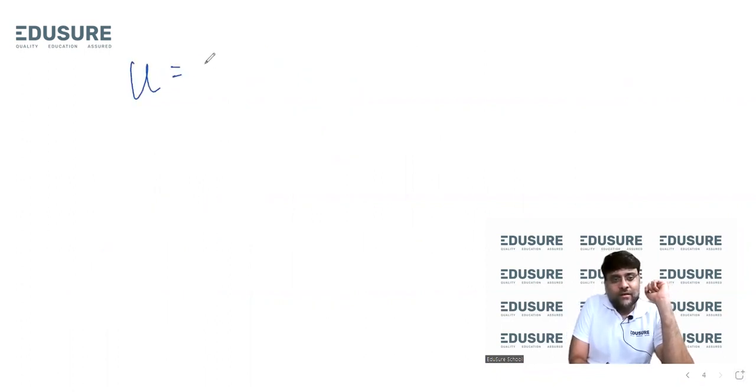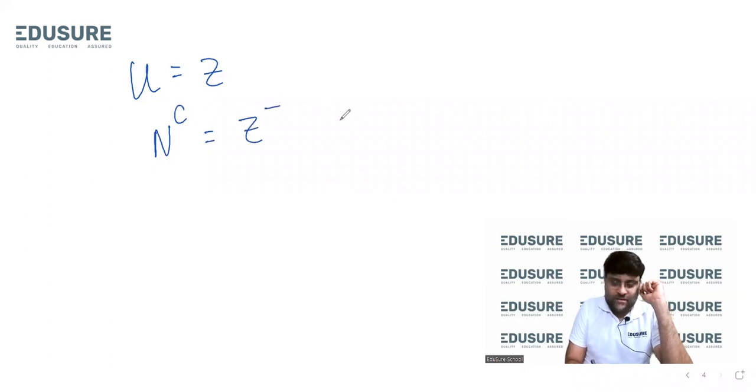If the universal set is Z, that is the set of all integers, N complement is nothing but Z minus and 0.